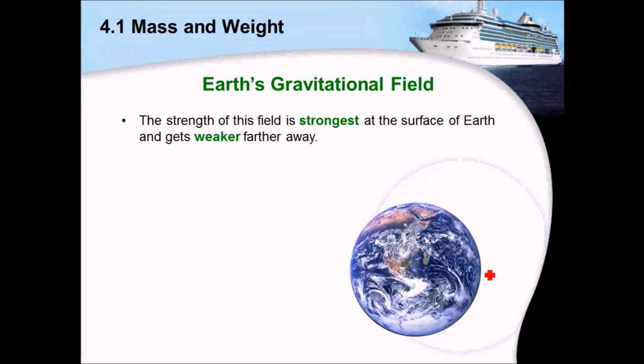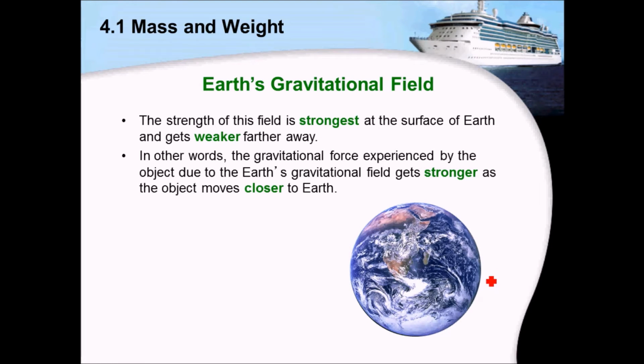So what can we know about the gravitational field of Earth? The field is the strongest near the surface of the Earth, and it gets weaker further away. In other words, the gravitational force experienced by an object due to the Earth's gravitational field gets stronger as the object moves closer to the Earth. Imagine you have an object a few hundred kilometers away from the Earth.